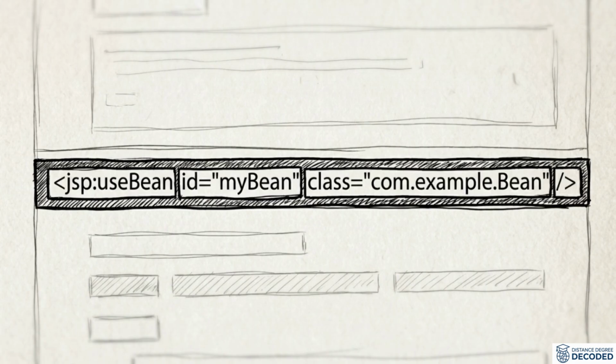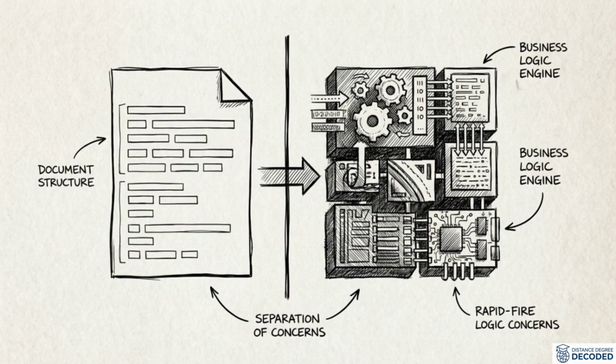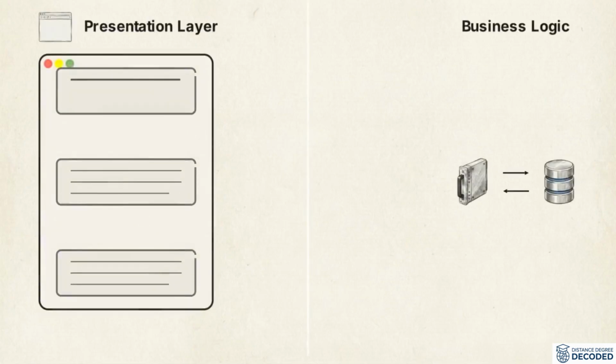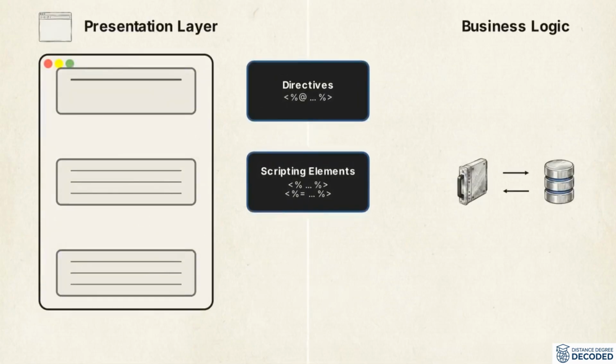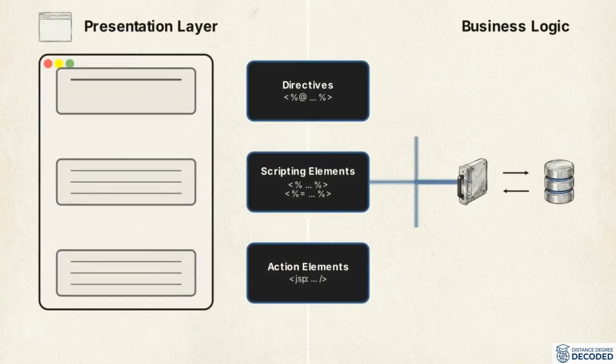Action elements utilize XML syntax to control container behavior dynamically at runtime. They allow developers to instantiate and interact with reusable Java classes, known as Java beans, without cluttering the presentation file with complex Java code. By utilizing directives, scripting, and action elements systematically, engineering teams maintain a clean separation between visual presentation and underlying business logic.